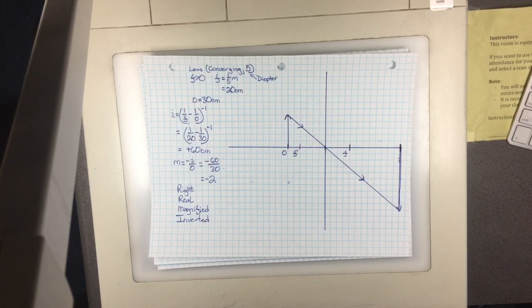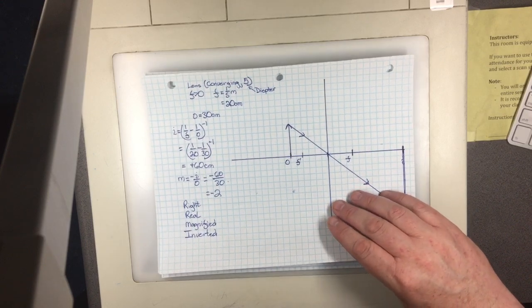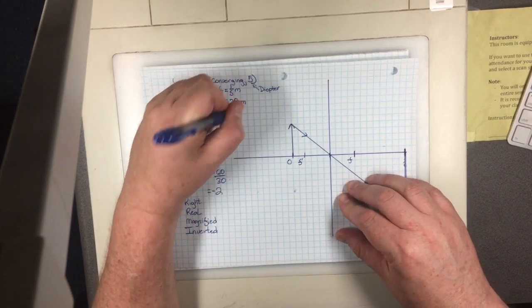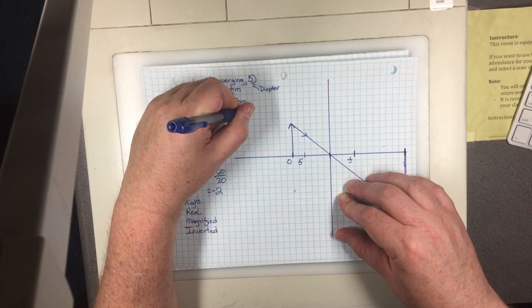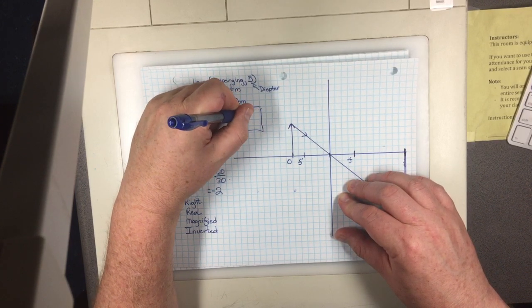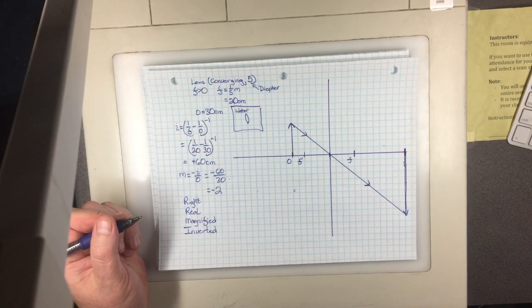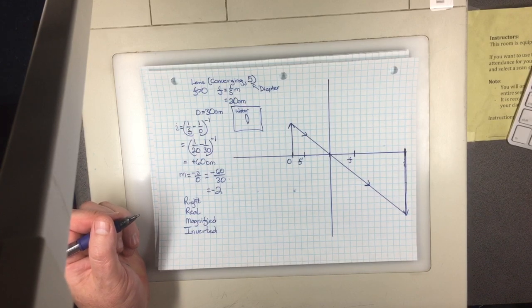So what's really interesting, and this is one of the questions on the lab, if you have a water tank and you have a convex lens of air, the index of refraction of air is less than that of water.